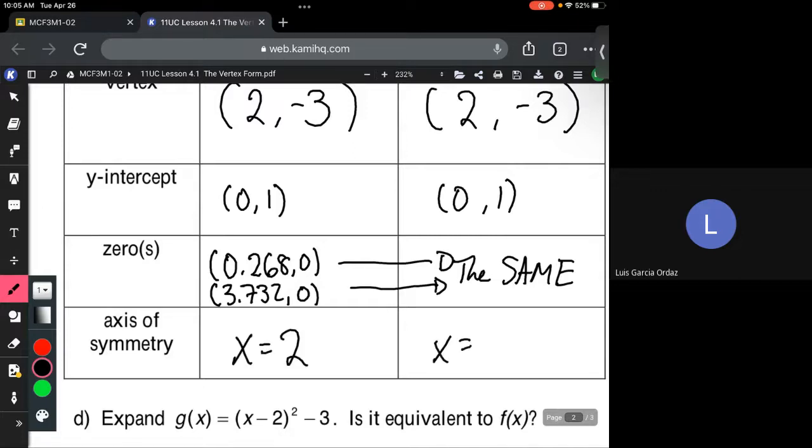So the reason why I'm using Desmos right now is because you guys don't know the quadratic formula yet. And that's where you would find your x-intercepts if they're decimals, like very weird decimals. I'm not going to make you memorize it. I'll give it to you when you do your assessments. I will provide it for you. So if we look where my graph crosses the x-axis, it happens at, let me see if I can find it, right here.